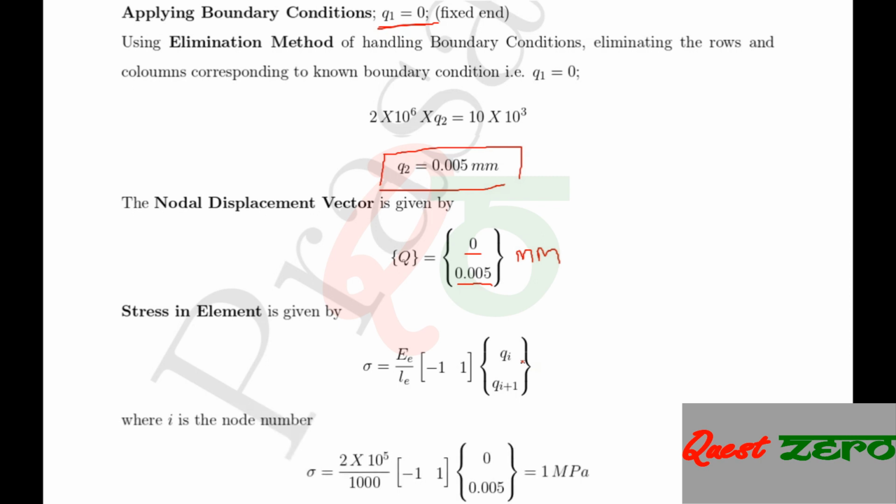Now when I substitute that, I will obtain the value of stress in the element as 1 megapascal. I believe that you will be familiar with the matrix multiplication, hence I will not deal with this. You can directly calculate and know that the value of sigma is 1 megapascal.